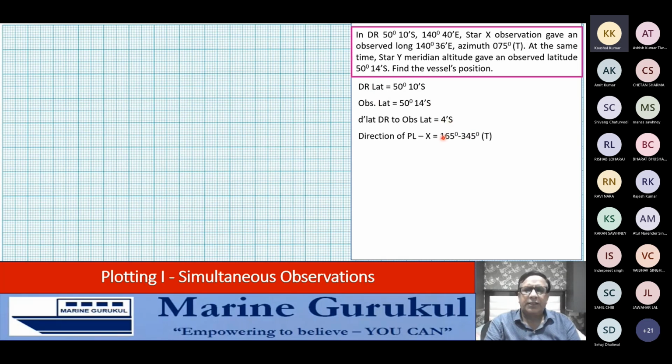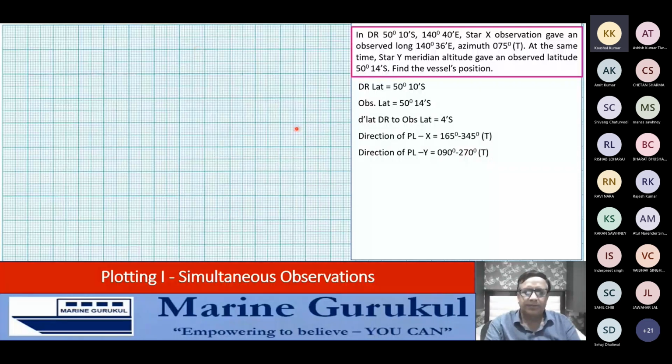Direction of PL of X, as already said, will be perpendicular to 075 degrees, the azimuth, so shall be 165 degrees to 345 degrees. Direction of PL of Y shall be east-west, that is 090 degrees to 270 degrees true, being a meridian altitude observation and solved by latitude by meridian altitude.